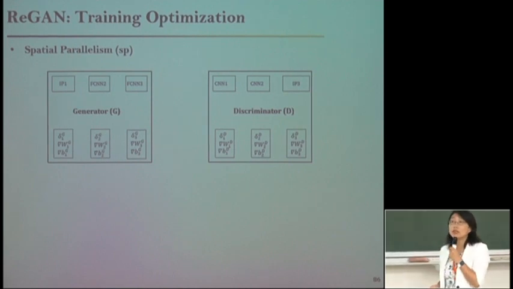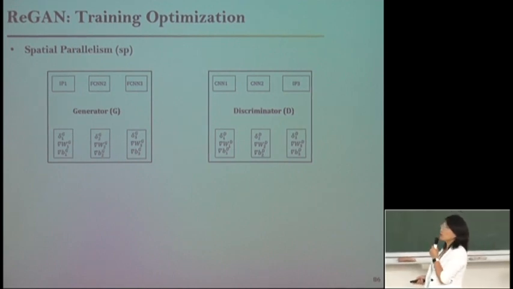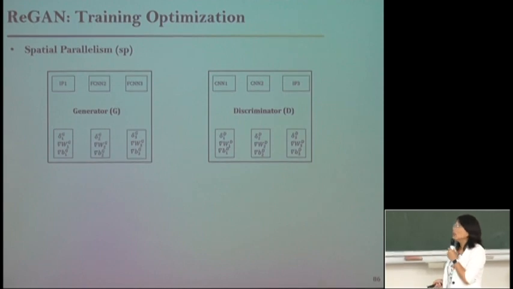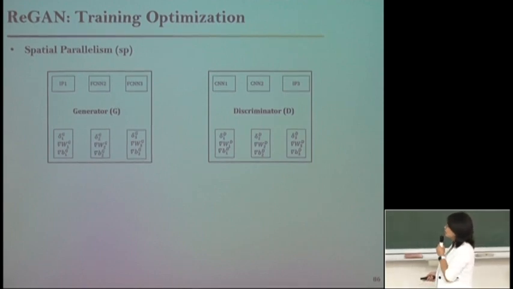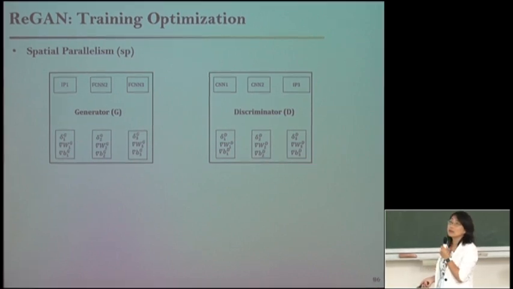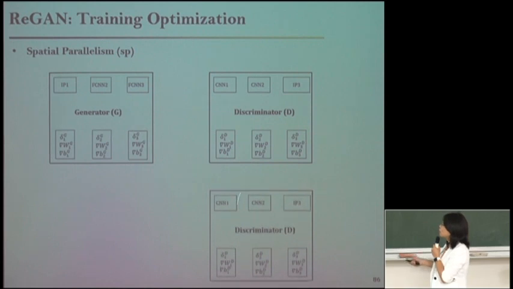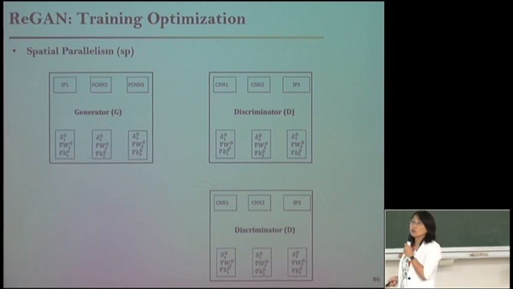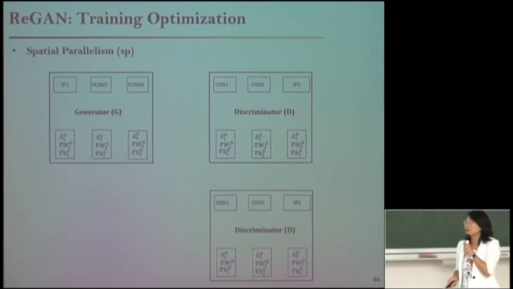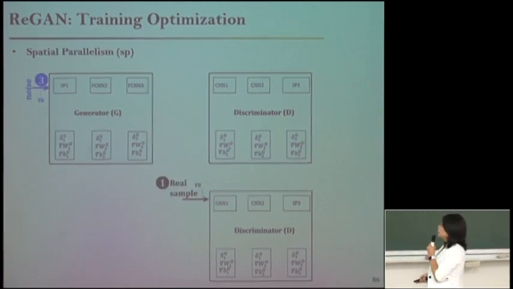What we propose here is to improve or optimize the training. There are several possibilities. One possibility is spatial parallelism. In other words, we try to duplicate hardware. We sacrifice more cost on hardware to improve the performance. This is a very general optimization skill in hardware design, right?